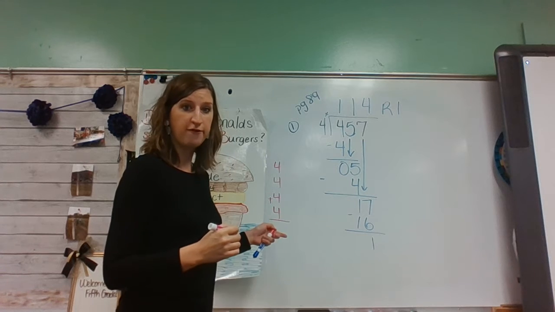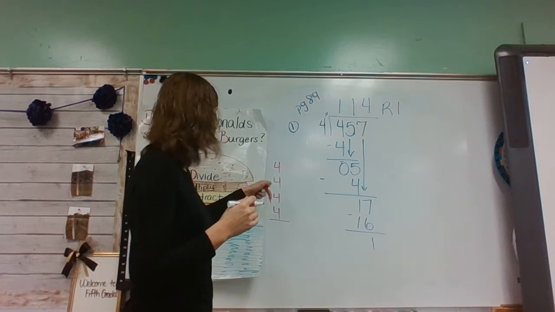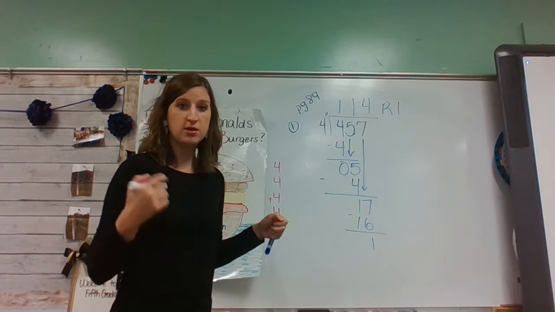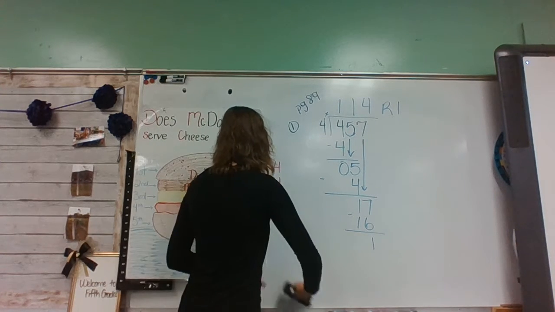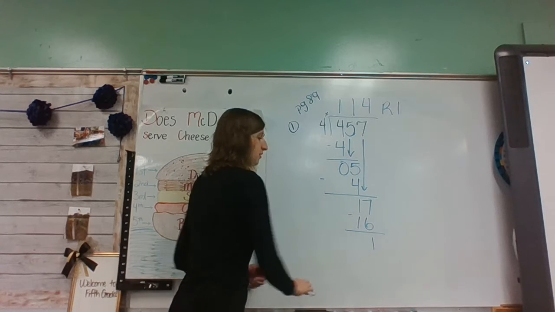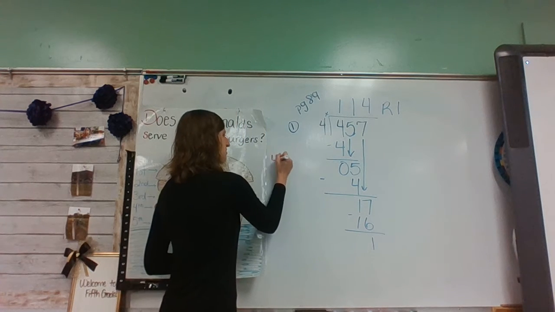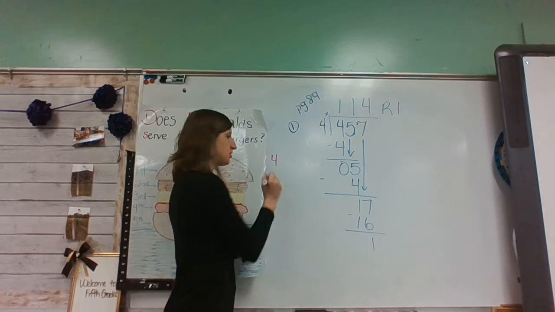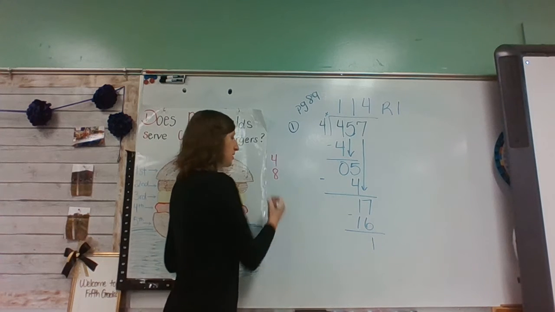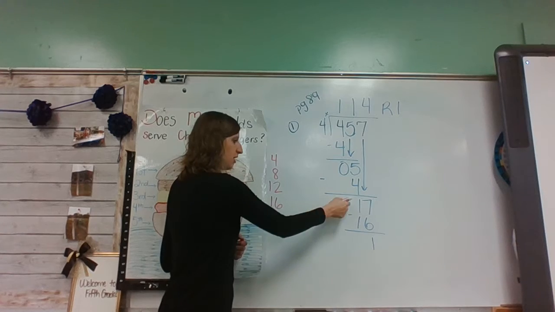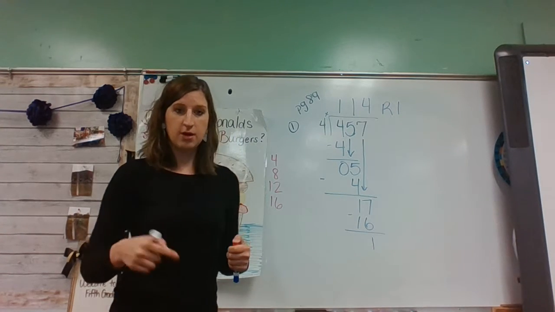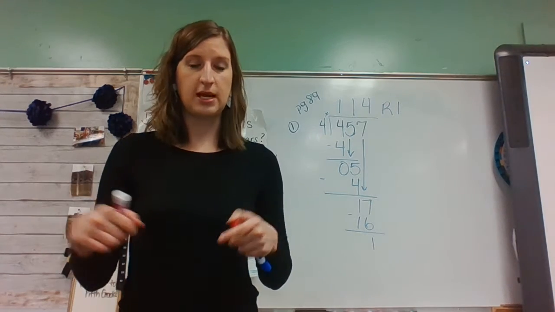Try 4 plus 4 plus 4 plus 4 and see if that works. If that doesn't work, then you would go up, adding another 4 each time. Or another way is if I wrote my 4s like 4, then 4 times 2 is 8, 4 times 3 is 12, 4 times 4 is 16.